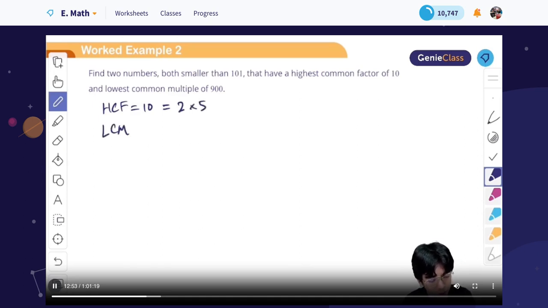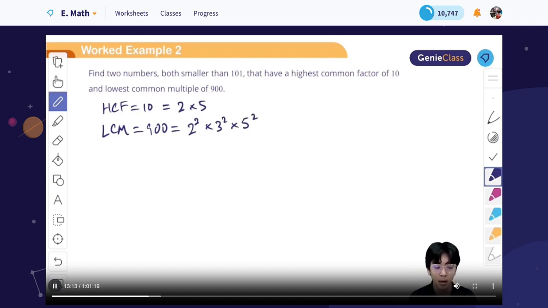LCM is 900, whose prime factorized form is 2 squared times 3 squared times 5 squared.